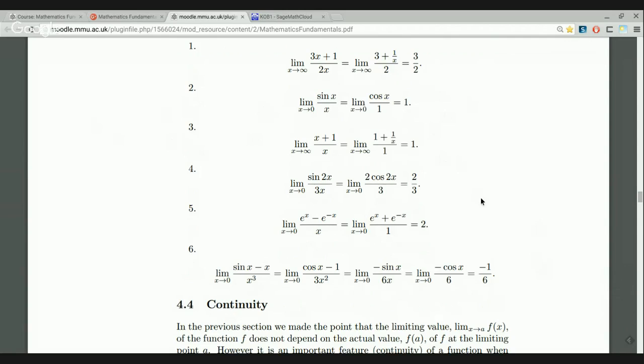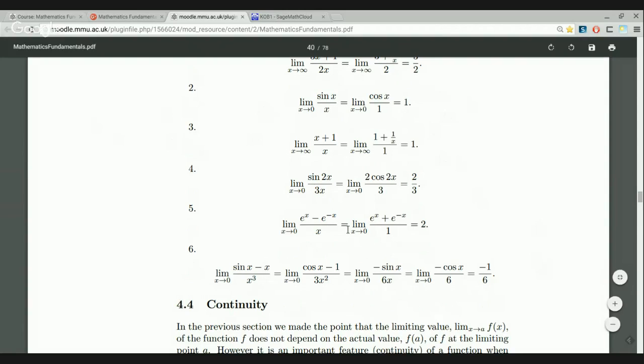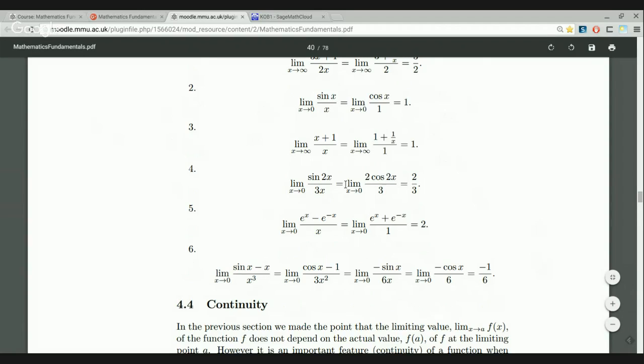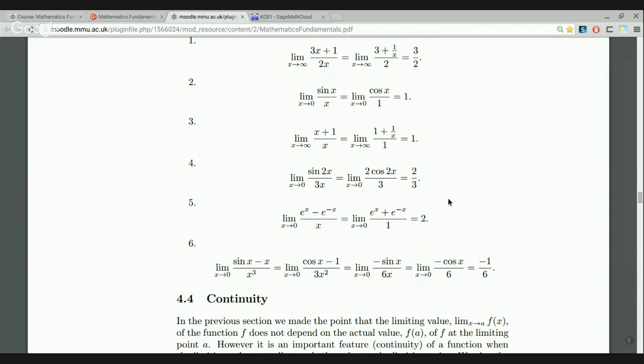Example 3 is another example of the application of the algebra limits result, first, again, by dividing through by x. Example 4 is another example of L'Hopital's rule, where the derivative of sine of 2x is 2 times cosine of 2x. That gives you a limit of 2/3 then, as x approaches 0.